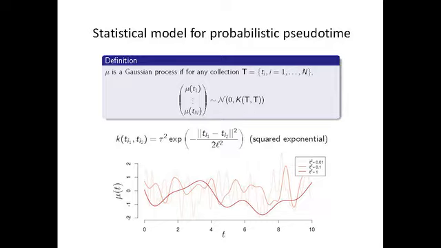A Gaussian process, mu, for a collection of time points, t1 through t capital N, is defined by a joint distribution, mu of those time points, which is a Gaussian distribution.